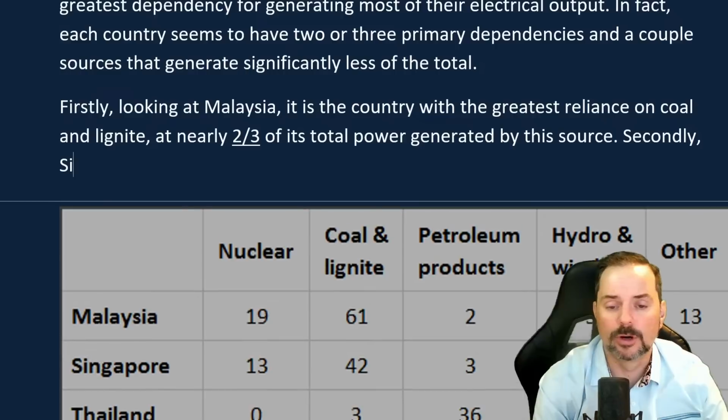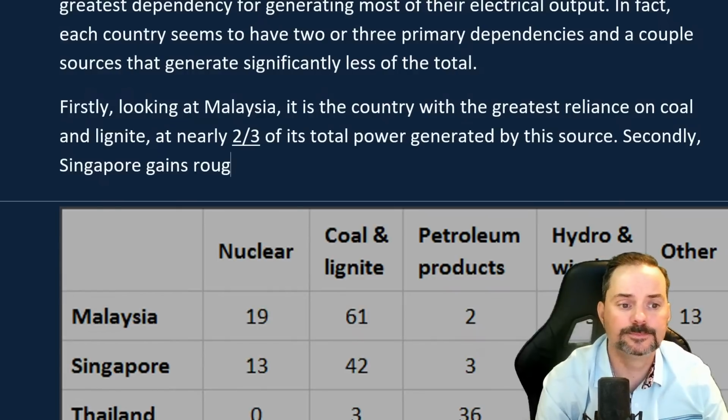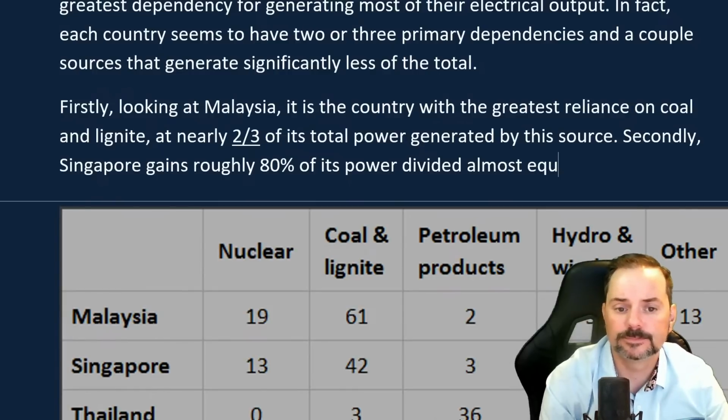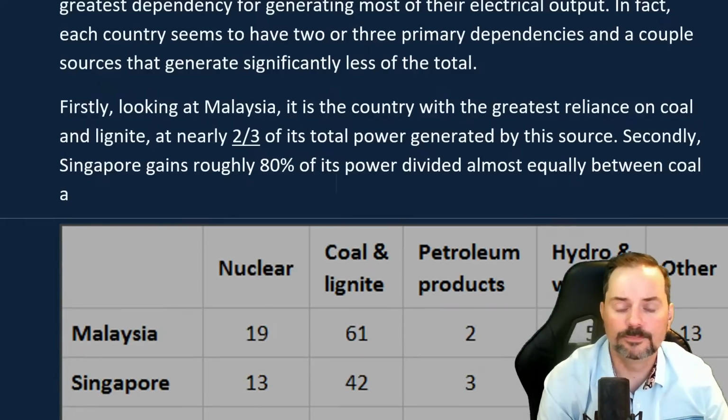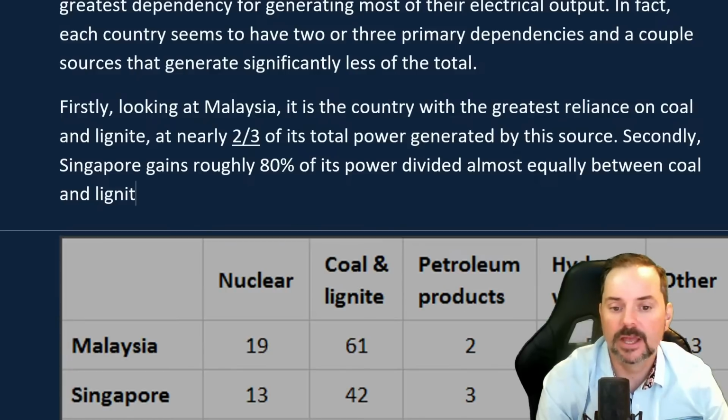Secondly, Singapore gains roughly 80% of its power divided almost equally between coal and lignite, sorry, I never pronounced that, and other sources.